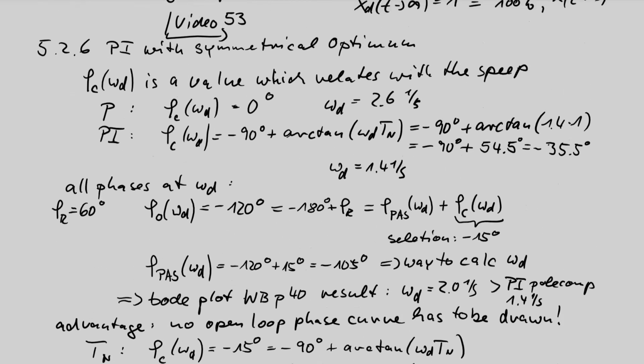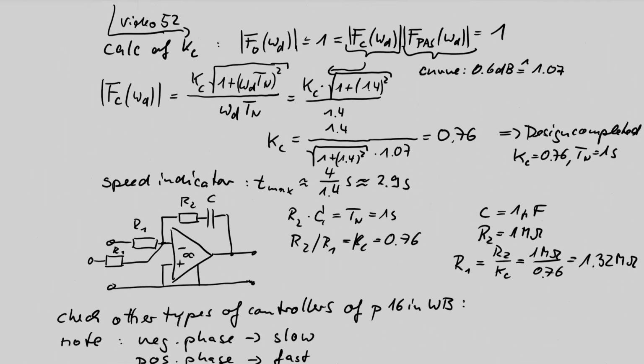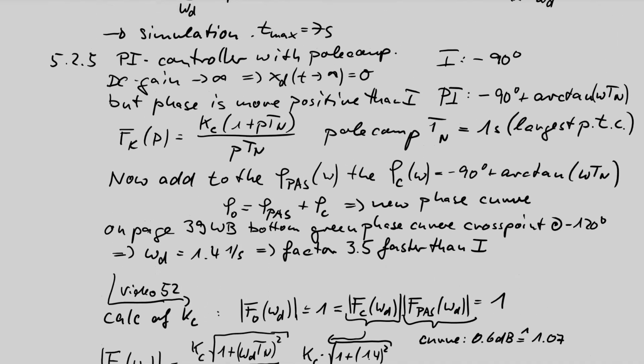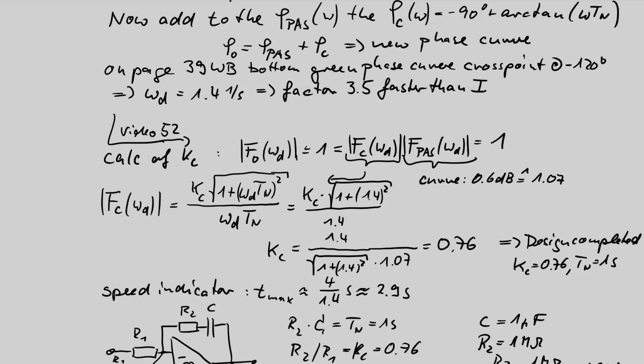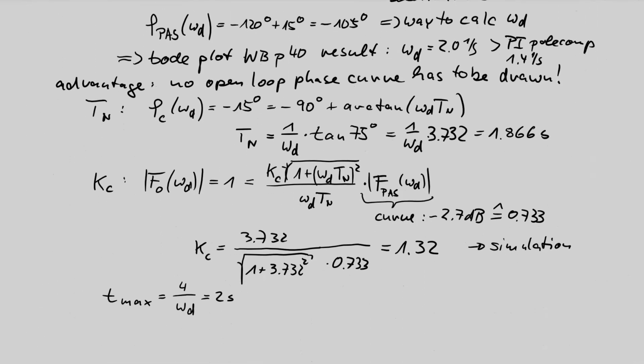Look for the Tmax here in the pole compensation design. We have, where is the number? Have we calculated it? Oh, we have not. Oh, Tm, here is this. Tm is 4 divided by this, is 2.9 seconds. So we expect a faster reaction. Let's look in the simulation.